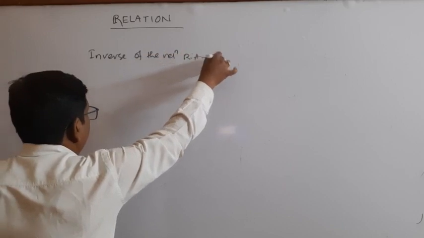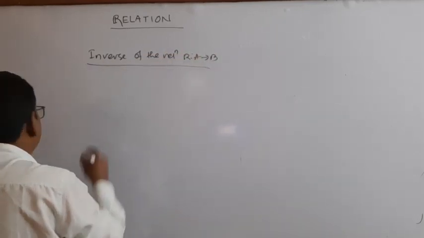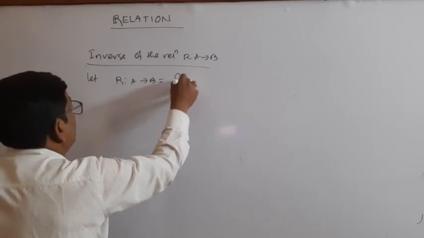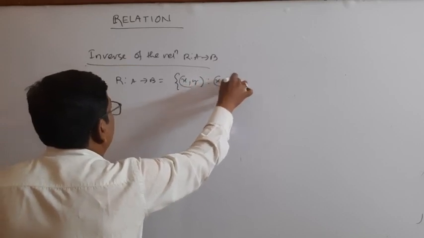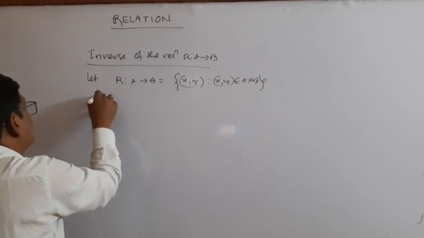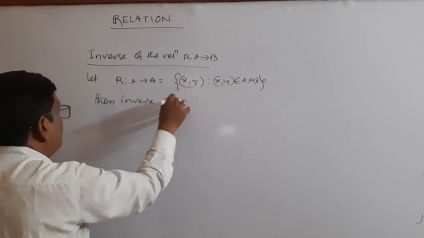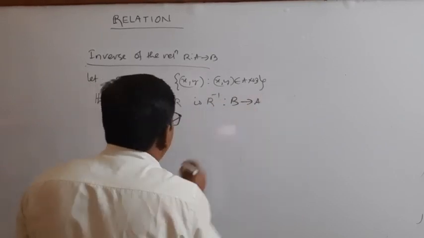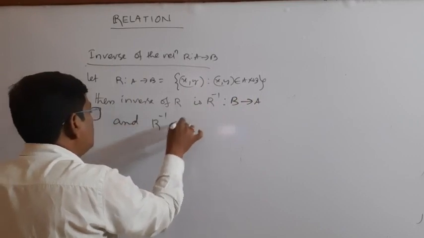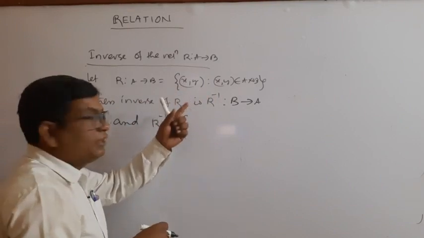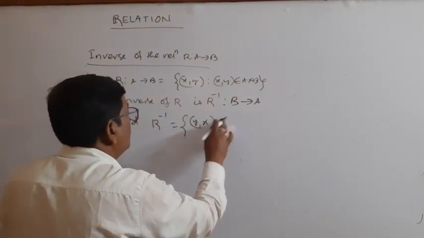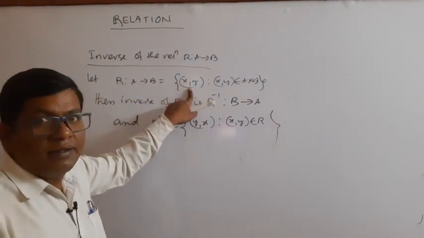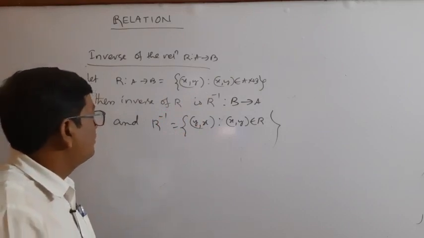The inverse of the relation R from A to B is, let R from A to B be equal to (x, y) such that (x, y) belongs to A cross B. Then the inverse of R is R inverse from B to A, and R inverse is equal to (y, x), taking the reverse order, such that (x, y) belongs to R. Its meaning is, if (x, y) belongs to R, then (y, x) belongs to R inverse. This is the inverse of the relation.